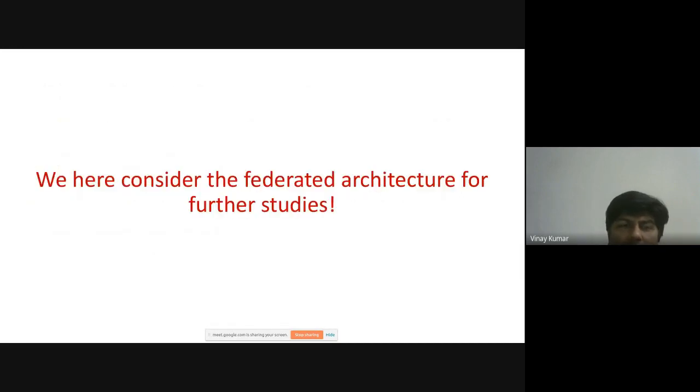So here we consider the federated architecture. How is it possible to allow multiple data owners to collaboratively train and use a shared prediction model while keeping all the local training data private? Traditional machine learning approaches need to combine all data at one location, typically a data center, which may violate the law on user privacy and data confidentiality, right?